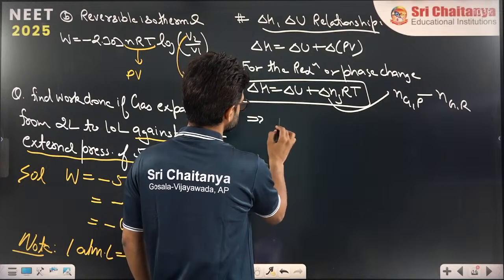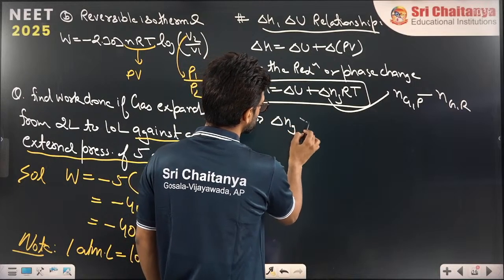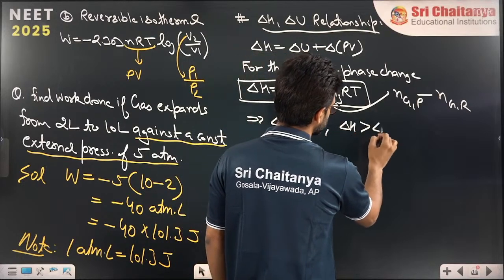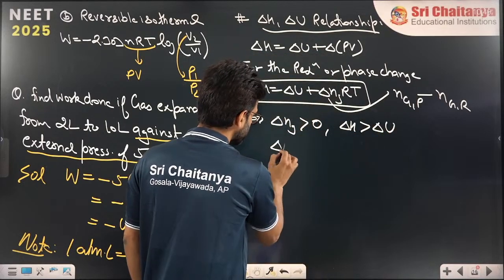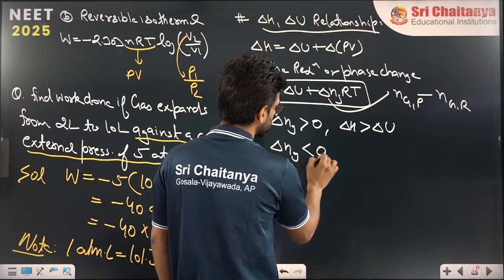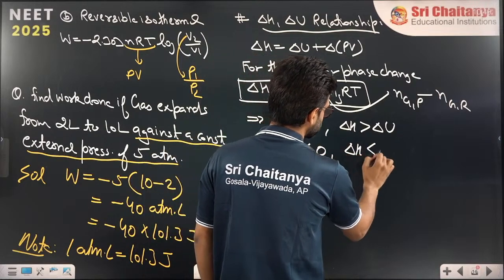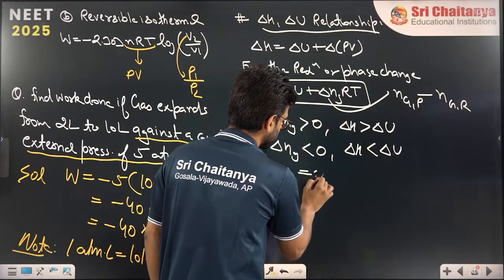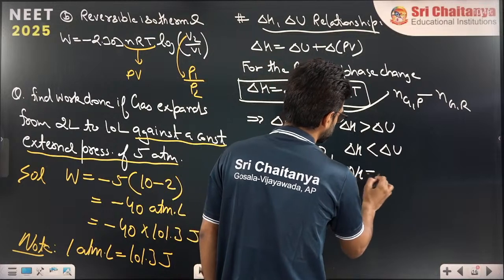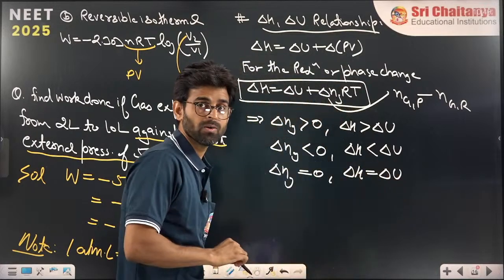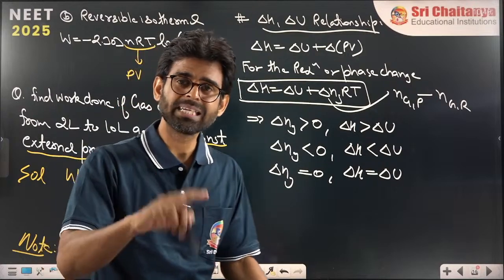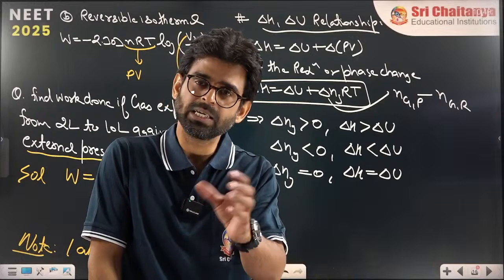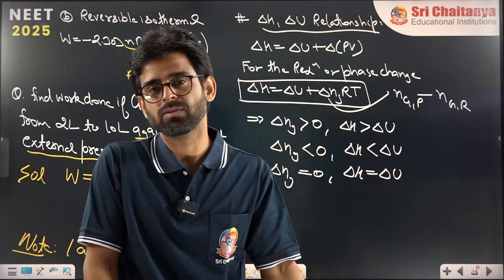If delta Ng is more than 0, or positive, delta H is more than delta U. If delta Ng is less than 0, delta H is less than delta U. And if delta Ng equals 0, no doubt delta H equals delta U. But when they ask about the magnitude, especially when they say compare the magnitude of delta H and delta U, then only you solve the question to check their values.